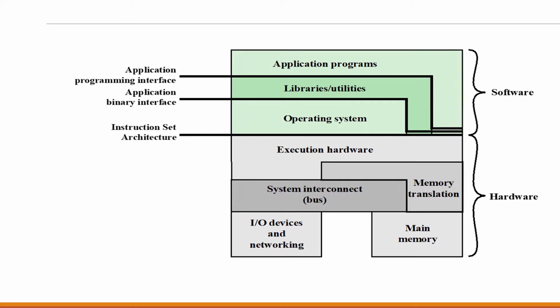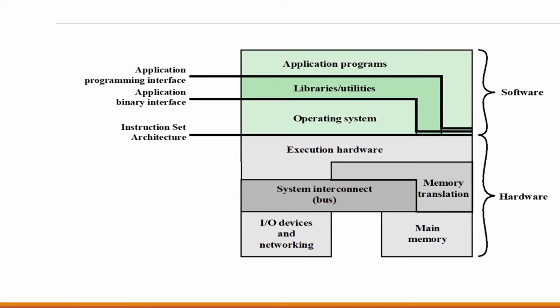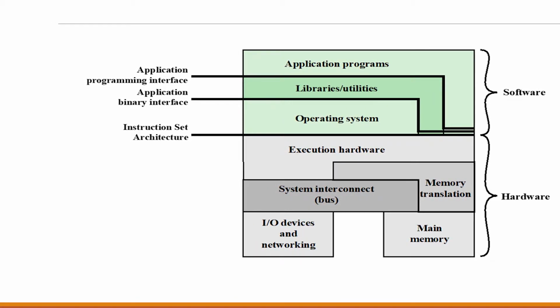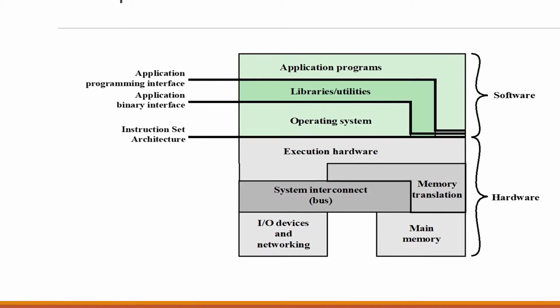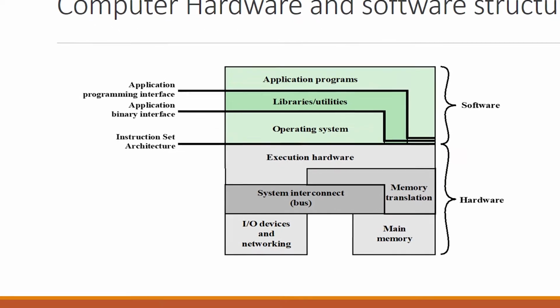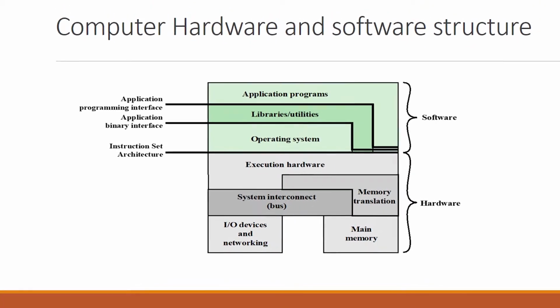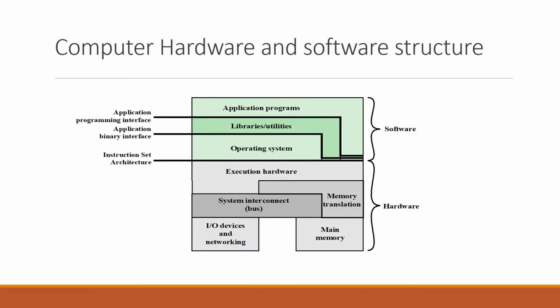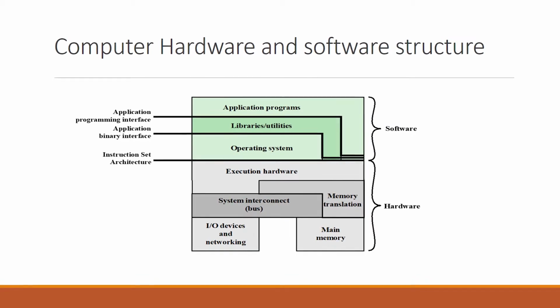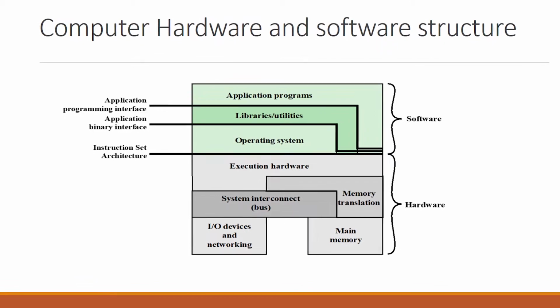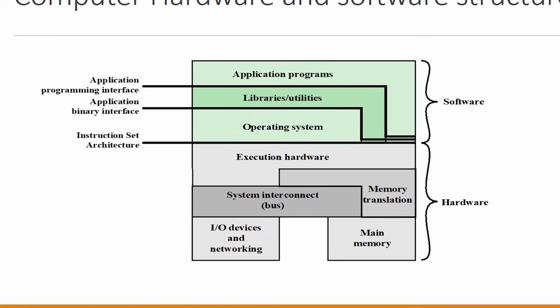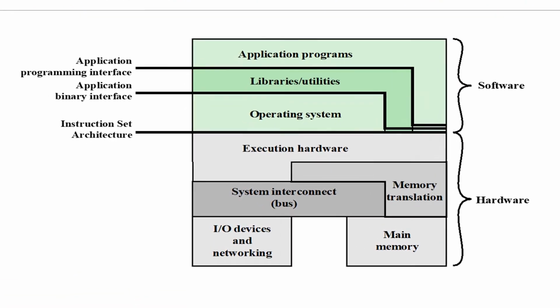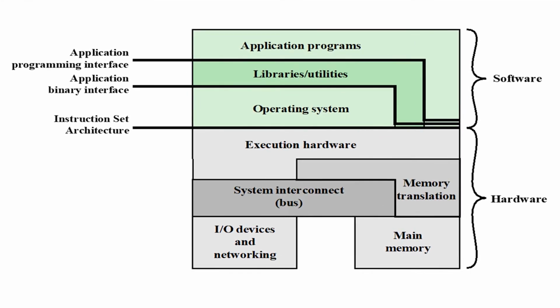On top of the operating system, we have the libraries, utilities, and application programs. Under the operating system, we have the hardware: the memory, the I/O devices, and the system bus. The operating system manages all of these: the memory using the memory manager, the processor using the processor manager, and also the devices, the files, and security. That is the job of the operating system.